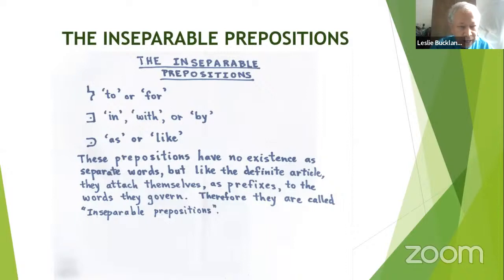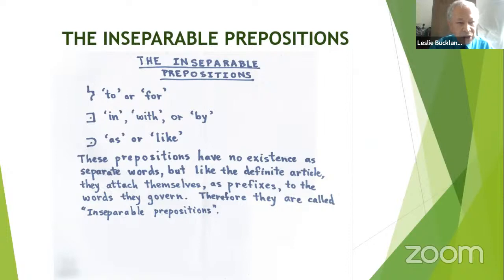So le is to or for. Be is in, with, or by. Ke is as or like. Remember that when a consonant does not have a vowel underneath it, we put a simple schwa underneath that consonant.